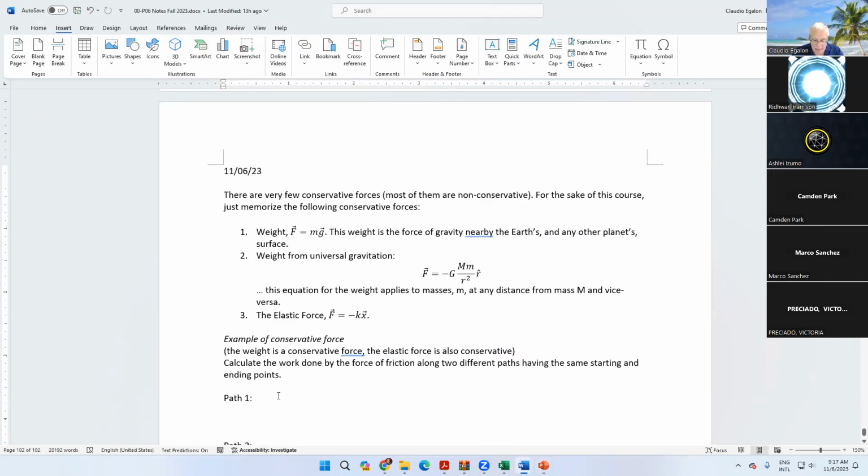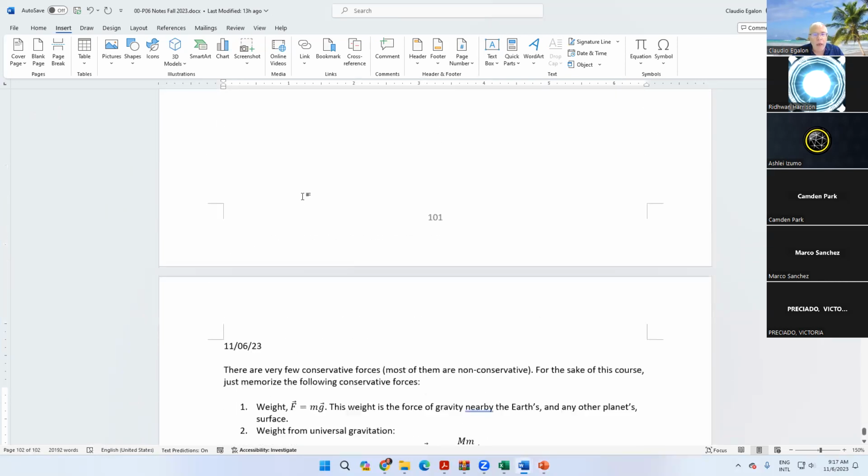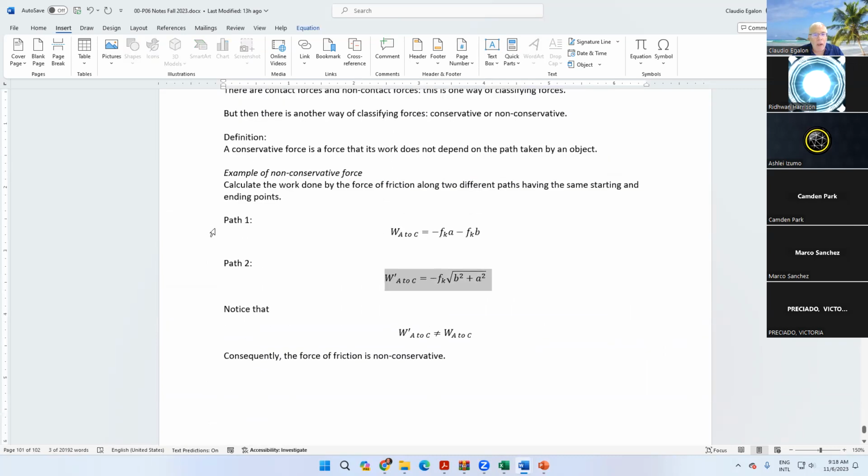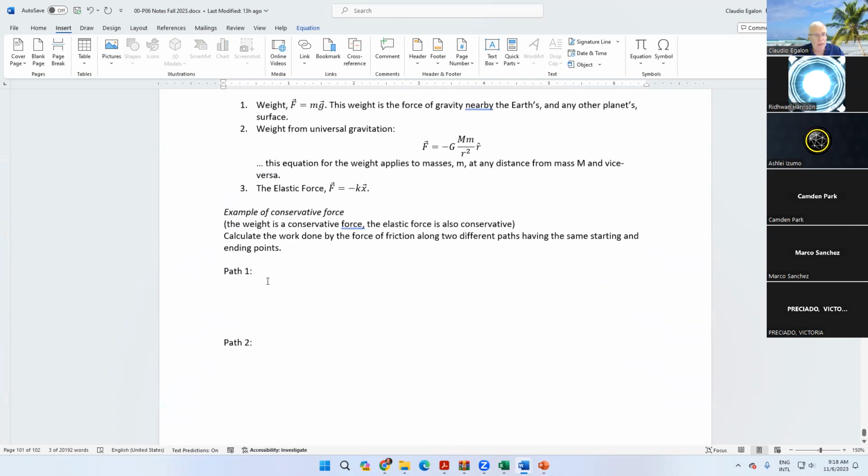Path 1, we want to know the work. The work from A to C is going to be the work from A to B, plus the work from B to C. And don't forget the work of the weight.